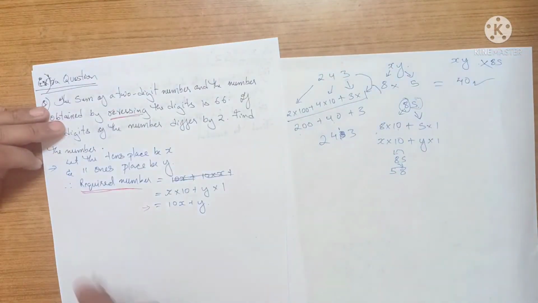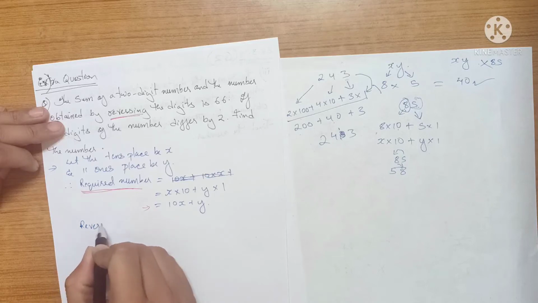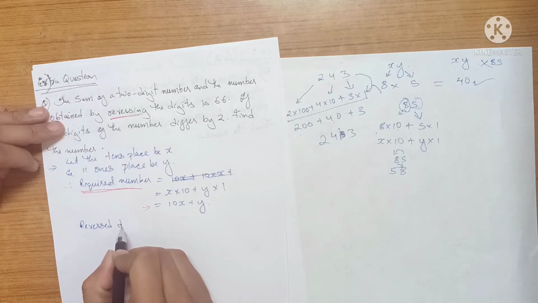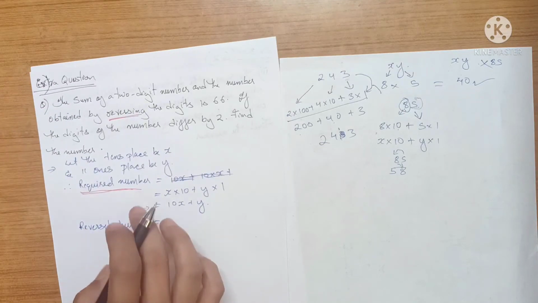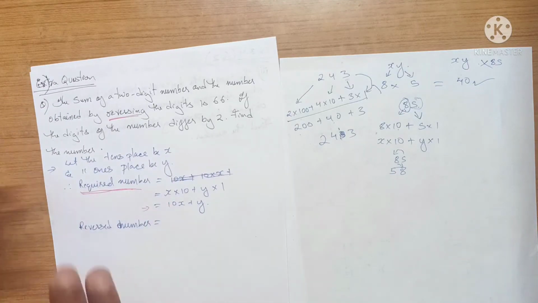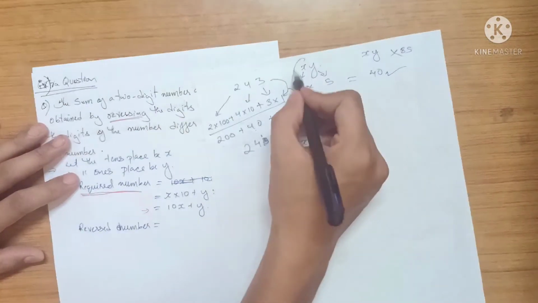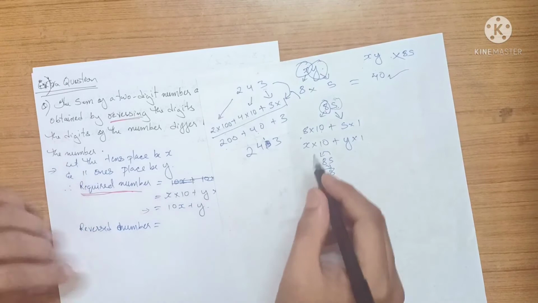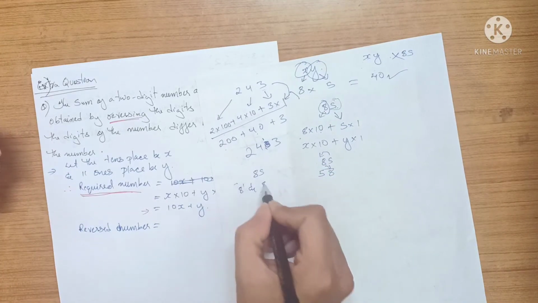So I'm going to write reversed number equal to. Remember, I'm not writing it as digit, I'm writing it as number because we're talking about a two-digit number. When I write digits, it literally means this and this separately. For example, 85, the two digits are 8 and 5; 8 is separate, 5 is separate.